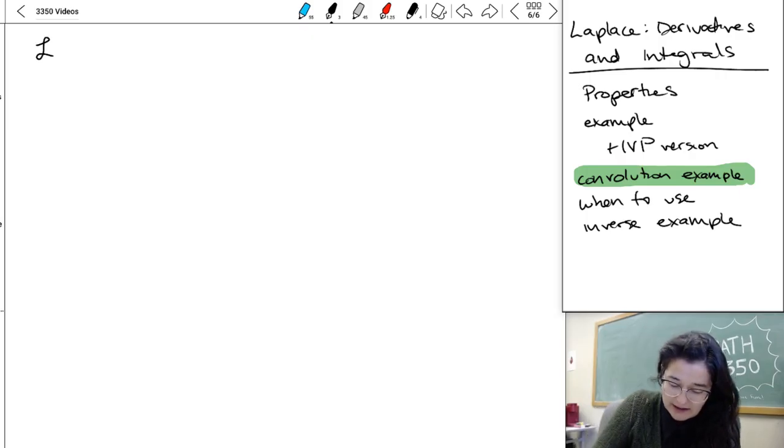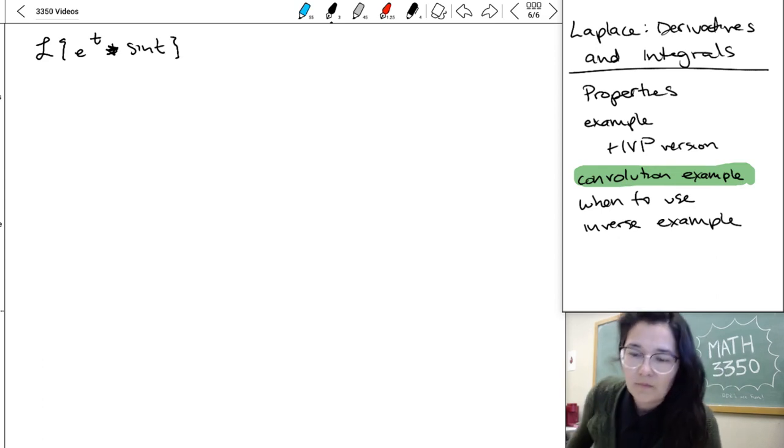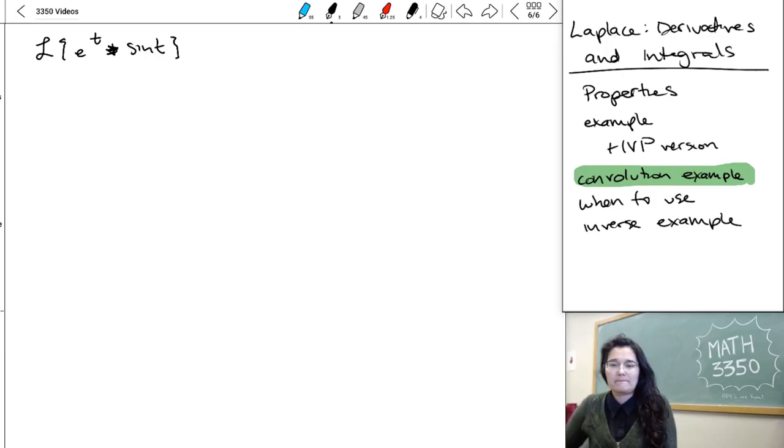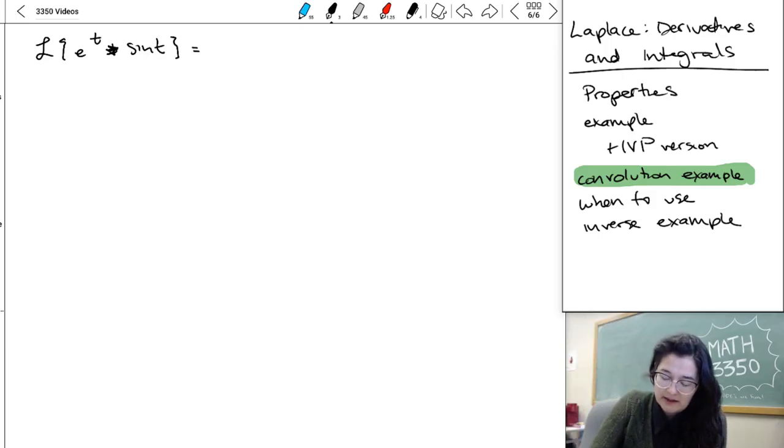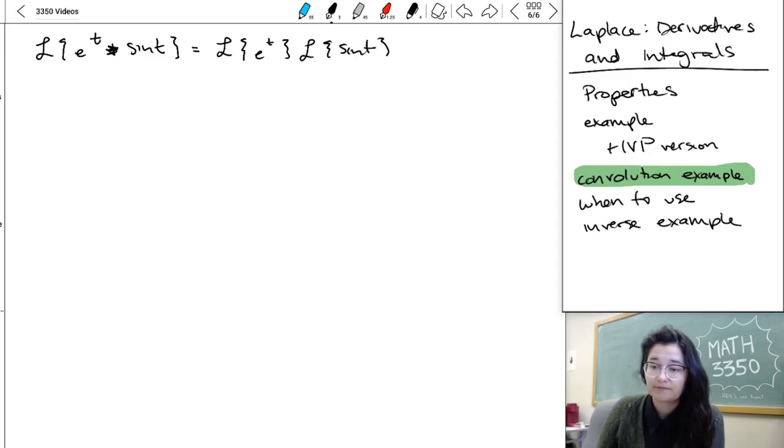But if we're asked to go ahead and compute the Laplace transform of e^t star sine t, we're going to note that by the property, this is the Laplace transform of e^t times the Laplace transform of sine t, which is really easy to do.